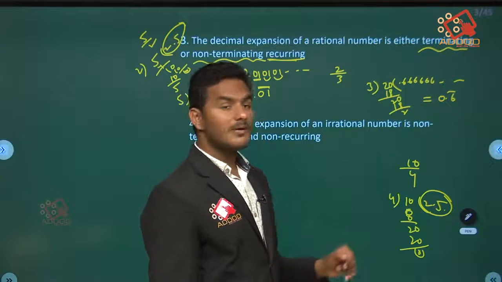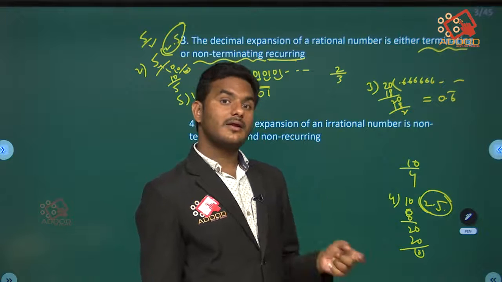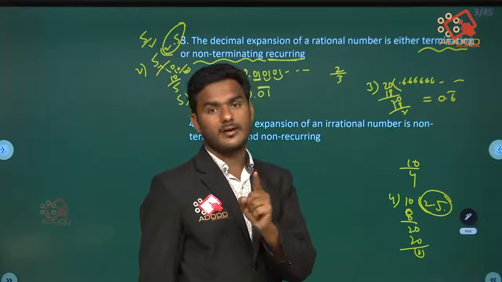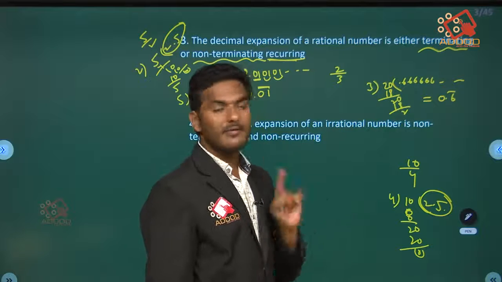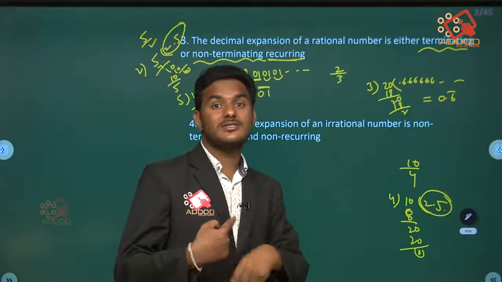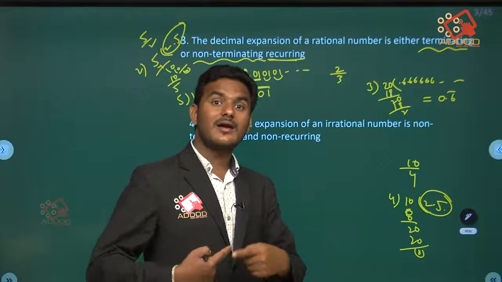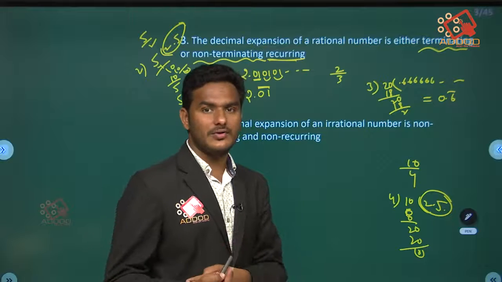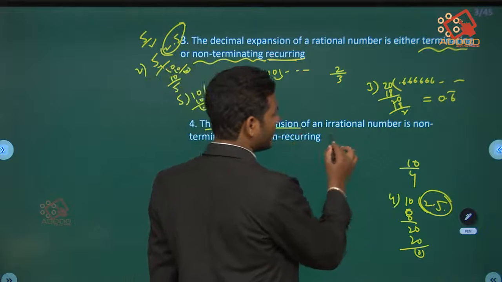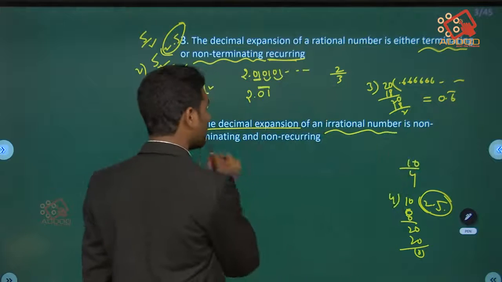Here this is a rational number. Even though it is non-terminating, it is a rational number, because after the decimal point only one digit is repeatedly occurring. That is a recurring value. But if after the decimal point the digits are non-terminating and non-recurring, look here, the decimal expansion of an irrational number is non-terminating, non-recurring.